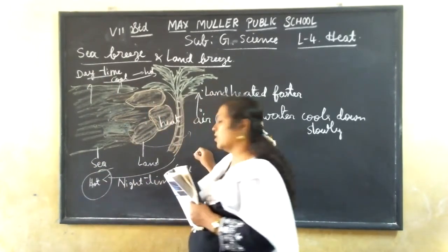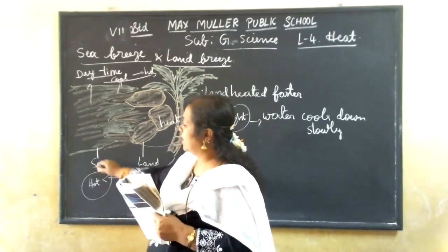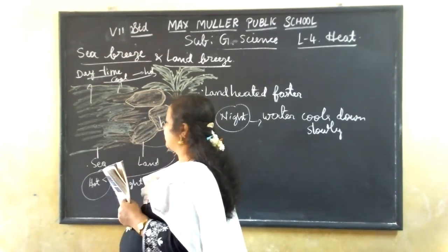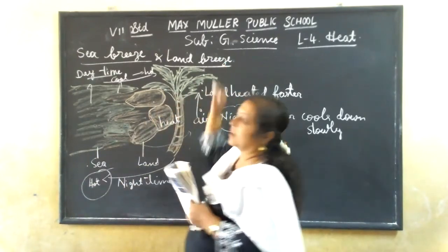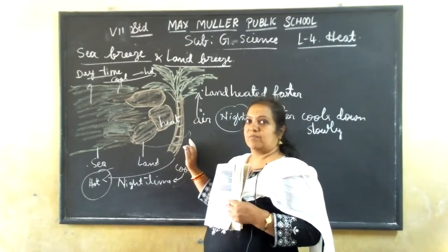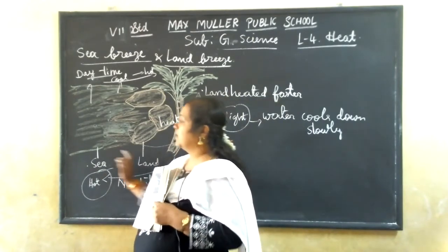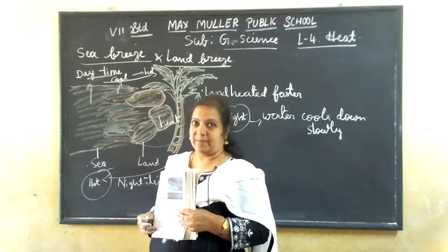So the cool air from the land moves towards the sea. That is what we will call a land breeze. From the land side, the air molecules are moving towards the sea.